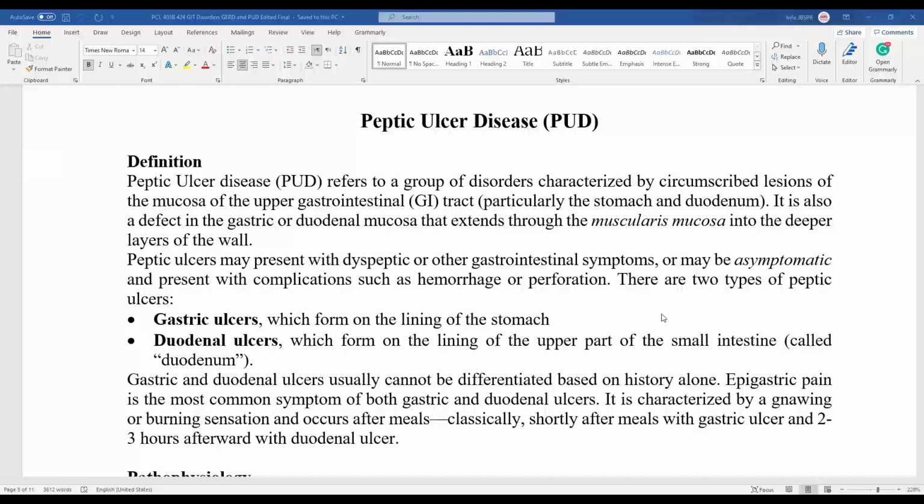So there are actually two major types of peptic ulcer: gastric ulcers and duodenal ulcers. Gastric ulcers involve the lining of the stomach, and duodenal ulcers the lining of the upper part of the small intestine.